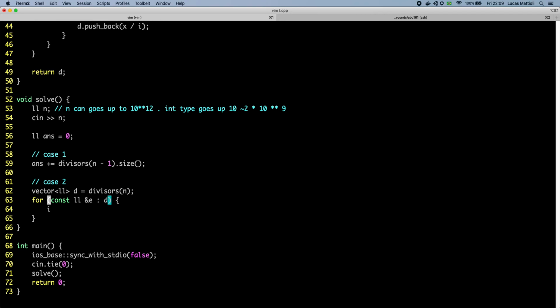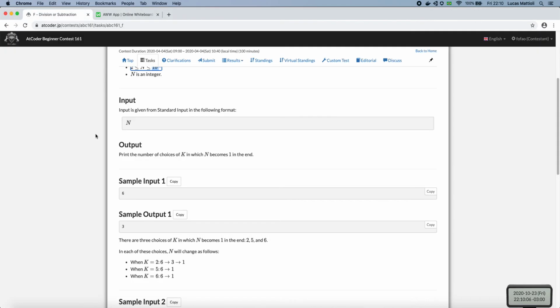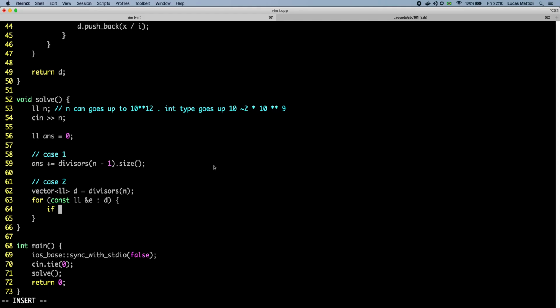In this case, 1 will also be returned here, but we only want to count cases from 2 to n. So if e is equal to 1, we just continue. We don't want to count 1. Here we also need to subtract 1, because if 1 is present in this vector, we want to remove it from the count. Actually, 1 will be in both cases, but we don't want to count it in both.